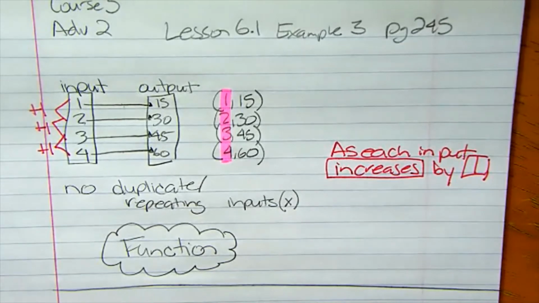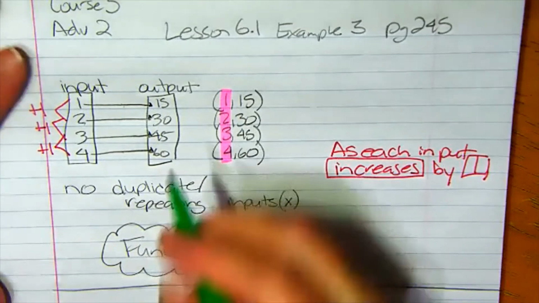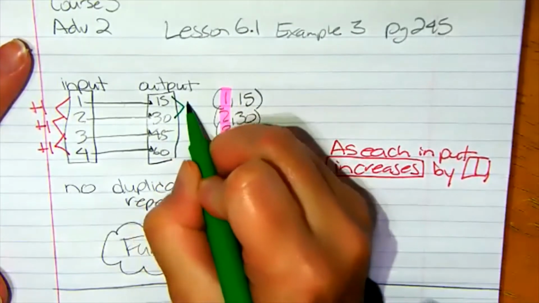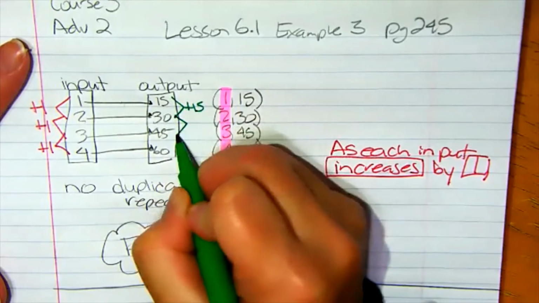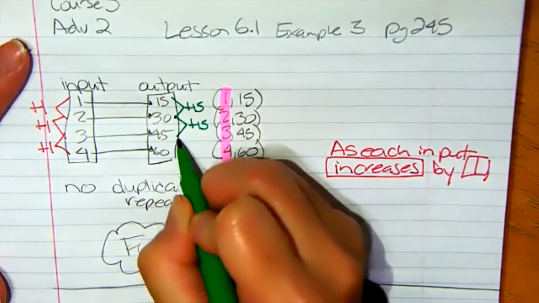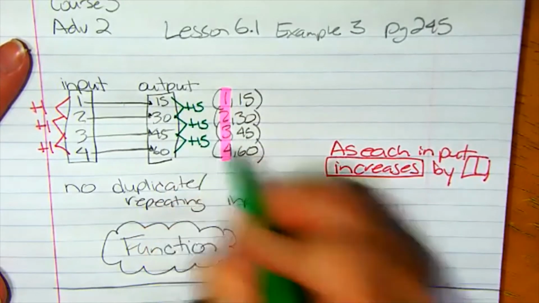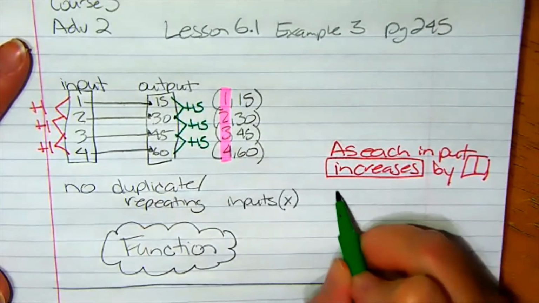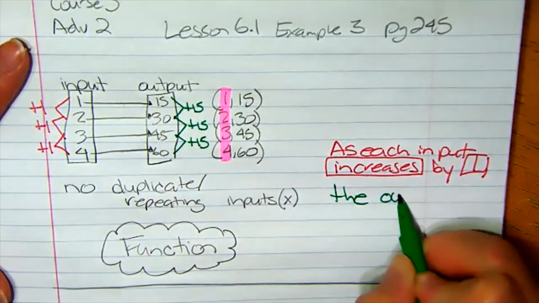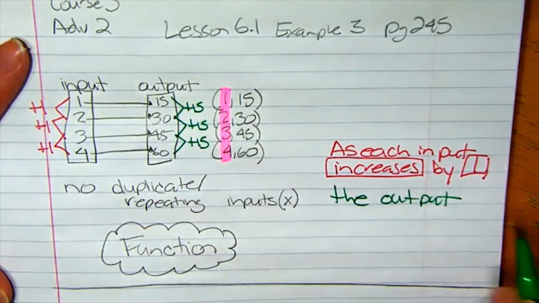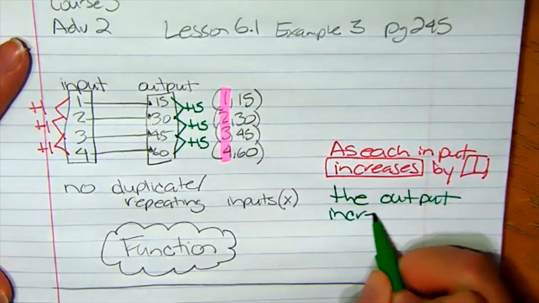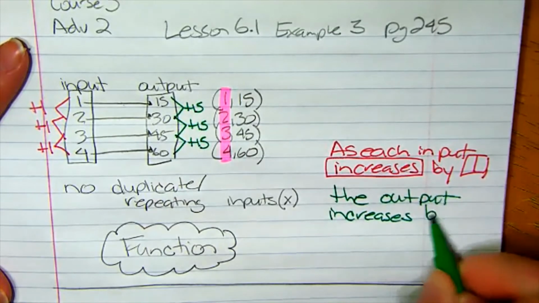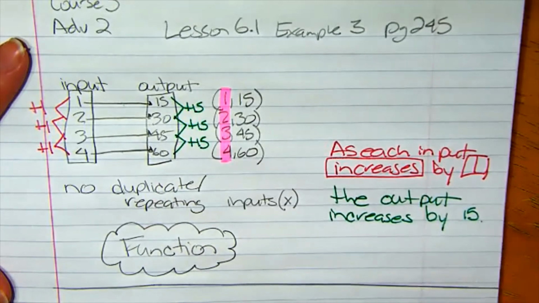So as each input increases by 1, let's take a look. Plus 15, plus 15, plus 15. The output increases by 15.